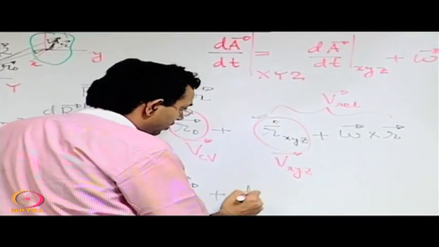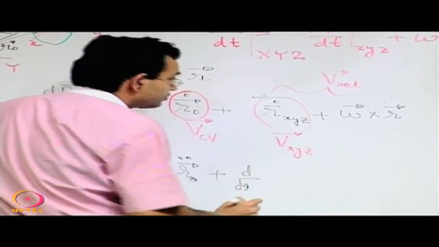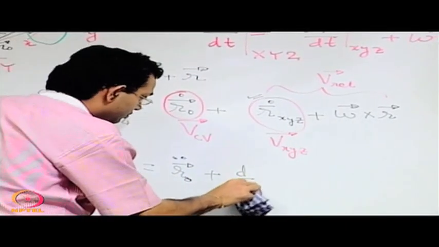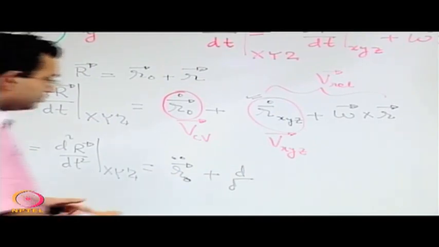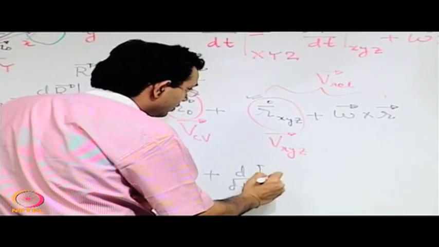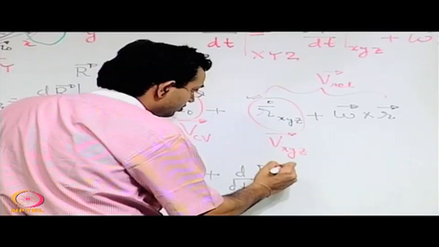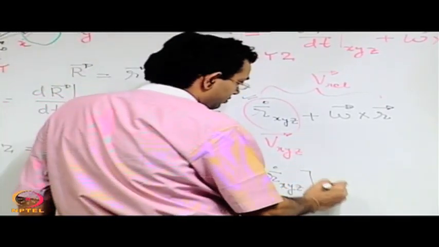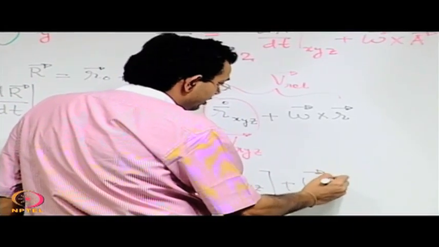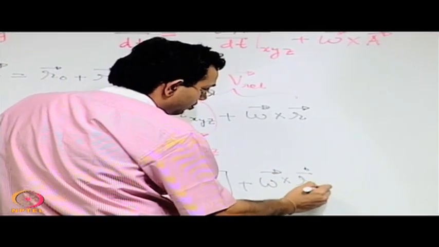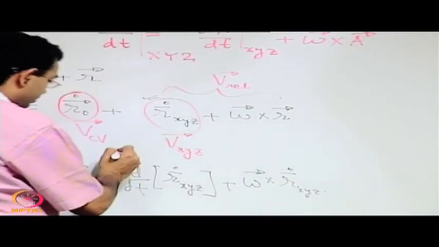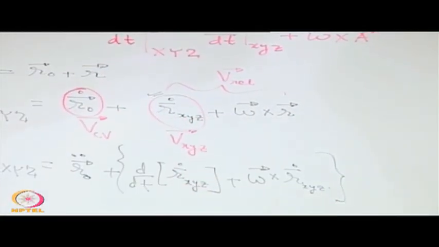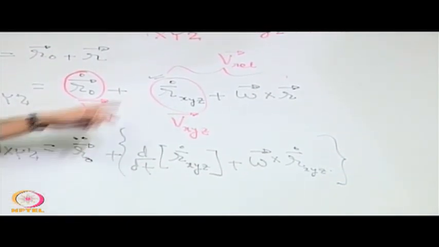That is d/dt of r dot small x y z plus omega cross r dot small x y z. Right, that is for the second term.